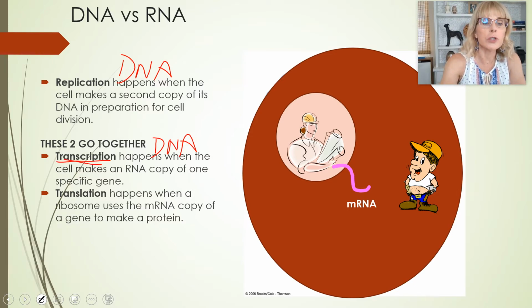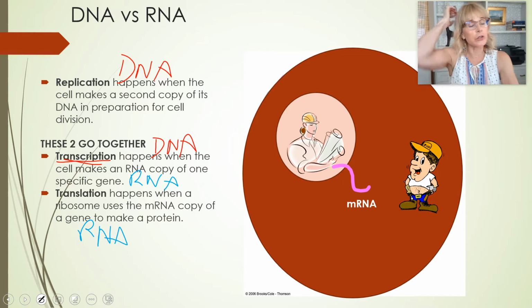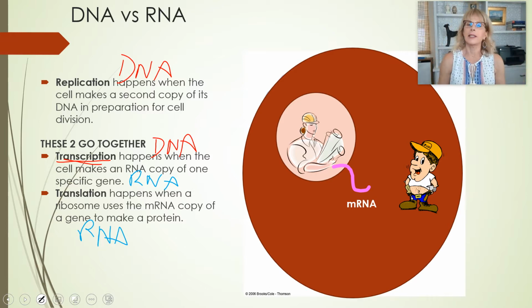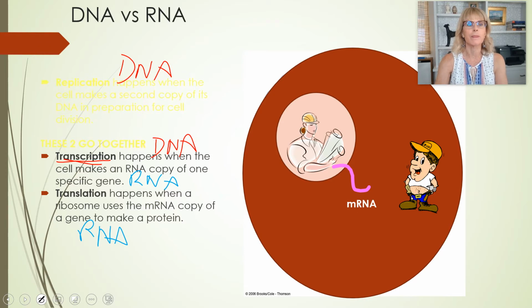Transcription will make RNA, and then it's going to be RNA that is involved in translation. And of course, proteins are here all the darn time. So we talked about DNA replication quite a bit, and we know the essentials, the Gattaca stuff. Let's talk a little bit more about transcription and translation.